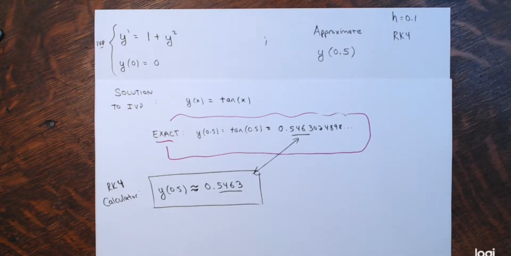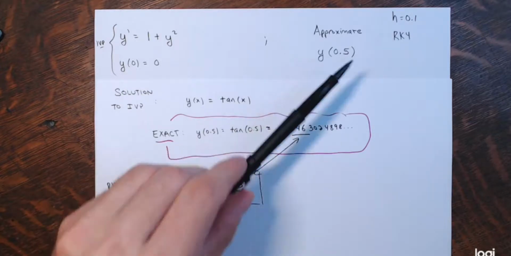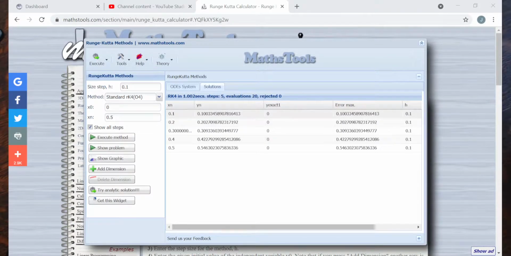Again, you can use the recursion formula and do it by hand, but I'd have to take 5 steps to go from y of 0 to y of 0.5. So just write out this table here, then show whoever this table and say, hey, I had a calculator do the calculations for me.